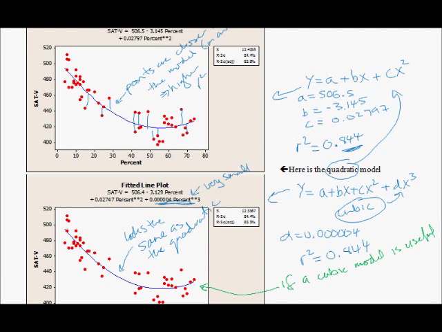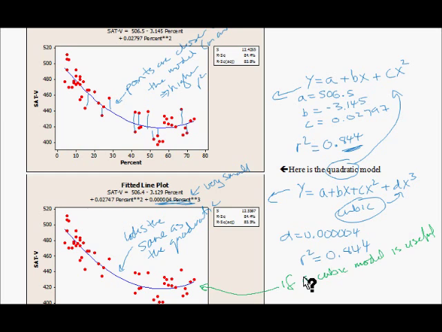Well, remember what a square and cubic does. A square term, a quadratic term, which we see up here with the quadratic, allows us one curve. That's what quadratic does, right? X squared allows you one curve. A cubic allows you two curves. Do we see two curves here? No, it's just one curve.